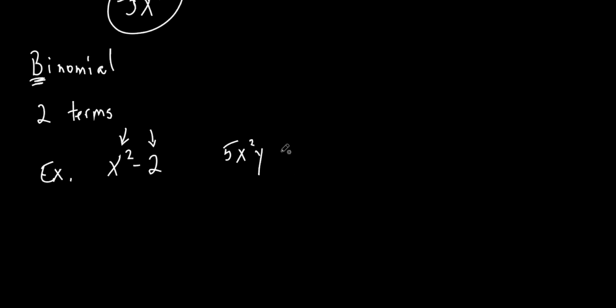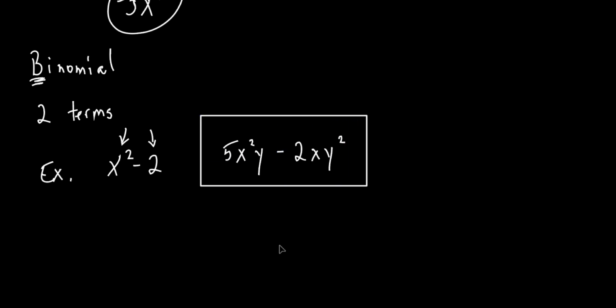What if I had this? What about that? Can that simplify to be a monomial, or is it a binomial? They both have x and y in it, and they both have squareds in it. But what do you see?